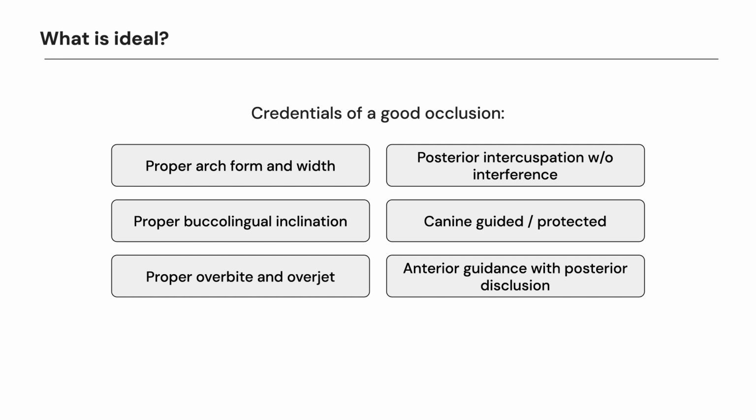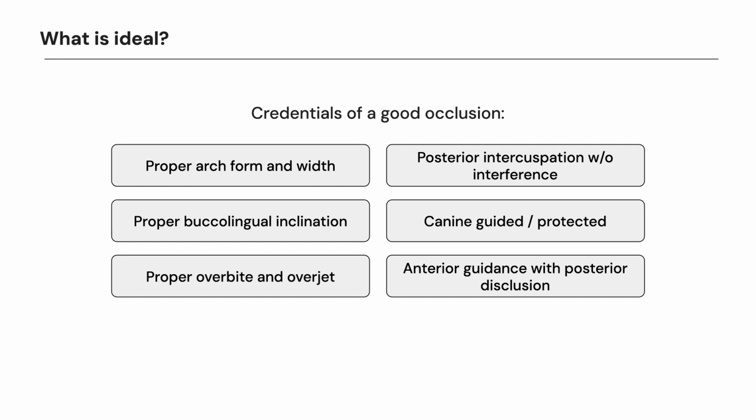What happens as you get older is you slowly lose canine guidance, and it oftentimes gets picked up with what we call group function. And group function is where, when a patient slides sideways after having bit down all the way, a lot of teeth on one side will pick up the load, and that's because the canines have worn down over time.